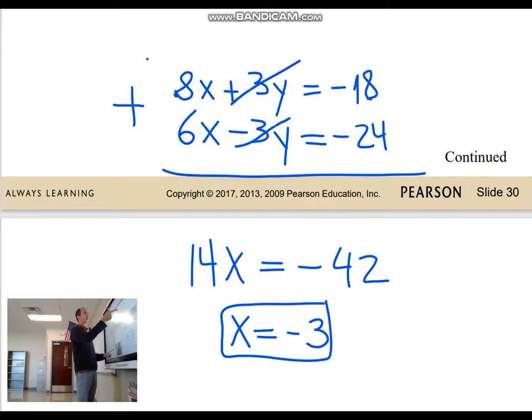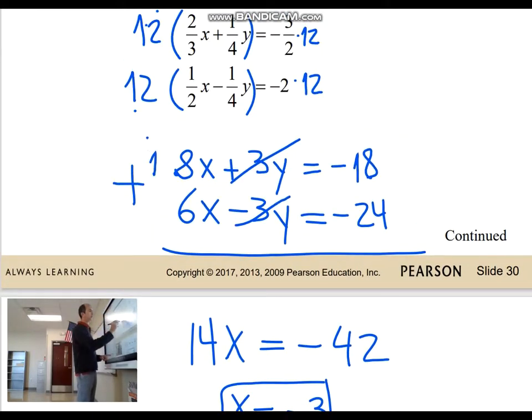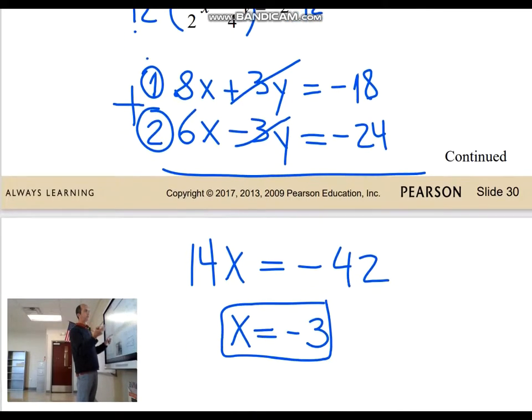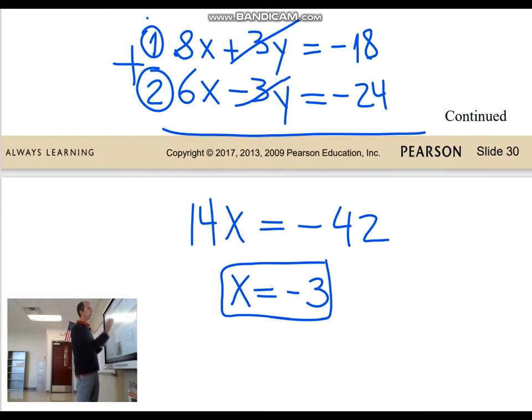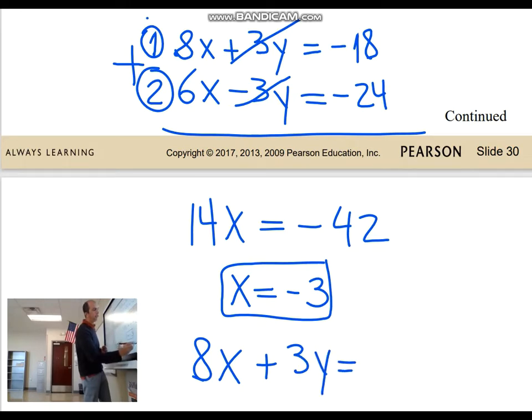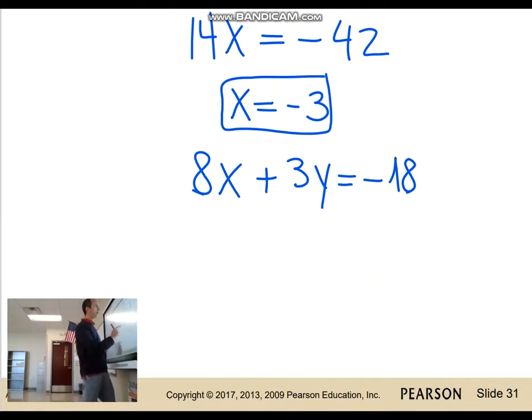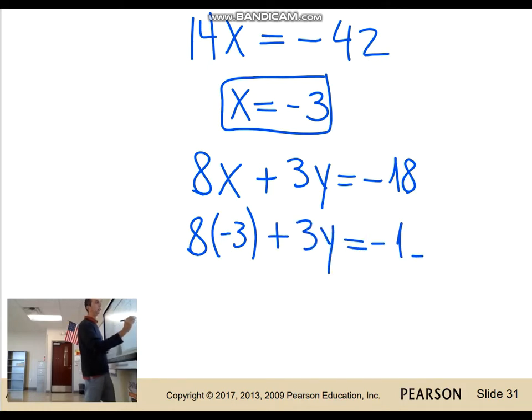Plugging into one of the equations, the first one or the second one, doesn't matter. Let's plug into the first one. 8 times x plus 3y equals negative 18. So we plug in 8 times negative 3, plus 3y equals negative 18.